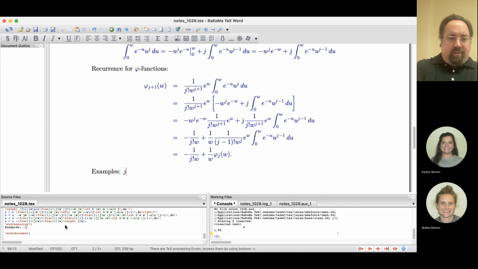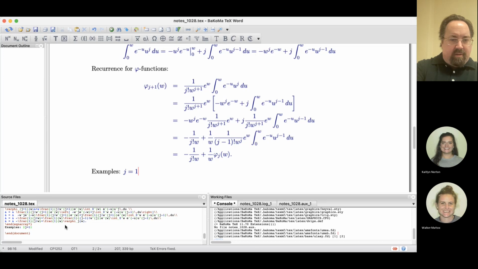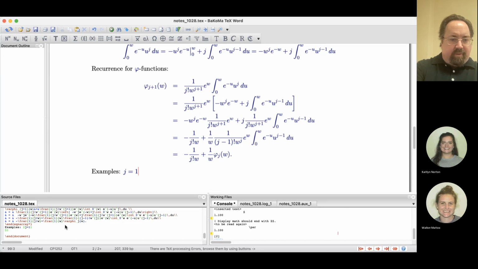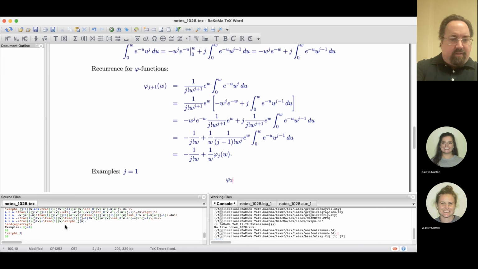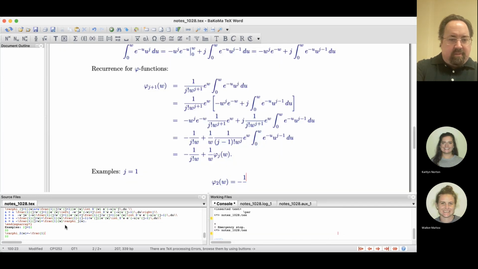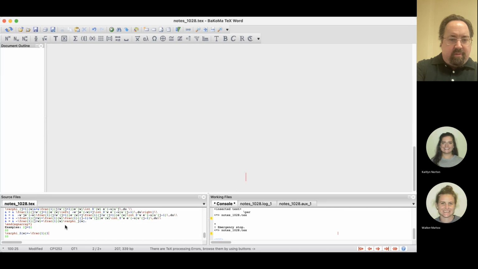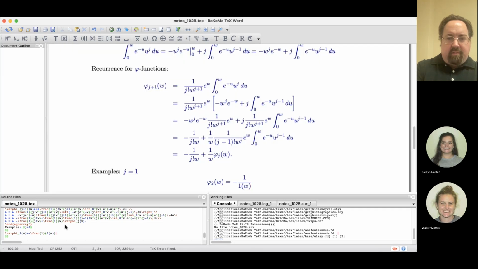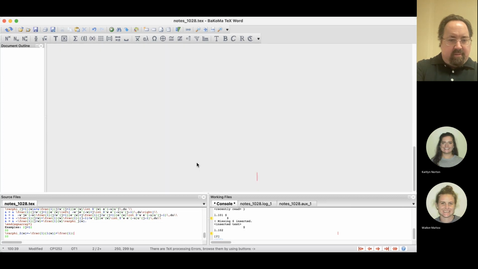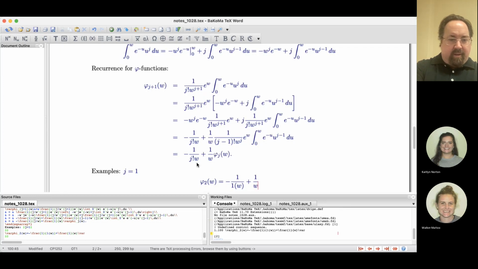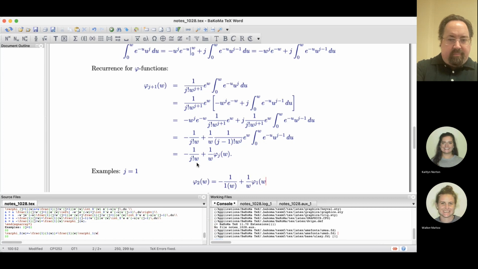I did j equals 0 before. So let's see what happens when j equals 1. So that means phi 2. So that's going to be equal to minus 1 over just 1 times w plus w for phi 1.